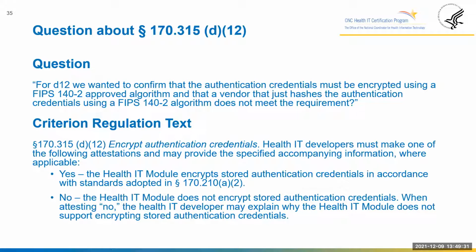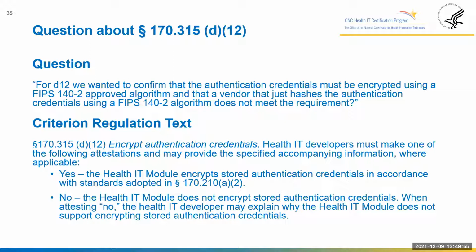I'm going to cover a question regarding the D12 encrypt authentication credentials criterion. If you have any questions about this criterion, please submit a question to the panelists or through healthit.gov. The D12 criterion is an attestation criterion in which a Health IT developer attests if their Health IT module stores authentication credentials in accordance with adopted standards.